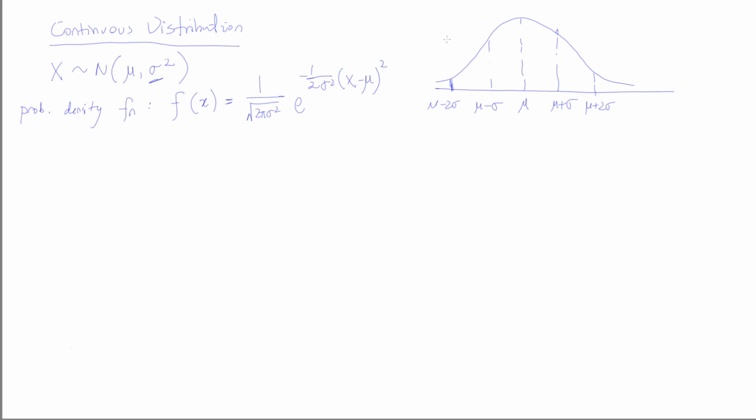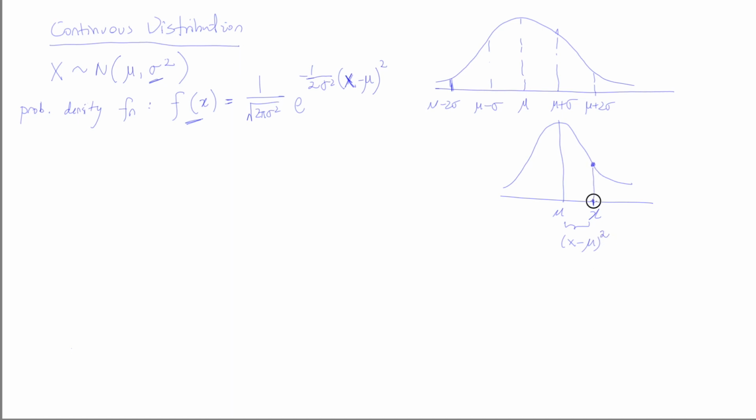Now, if you look at the functional form, you'll see that this actually makes a lot of sense. If x is here, this is the density of x. It first takes the distance x minus mu, and then it squares it.